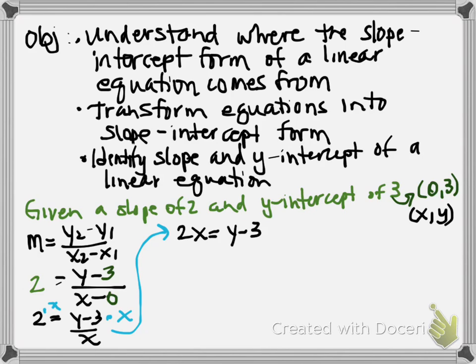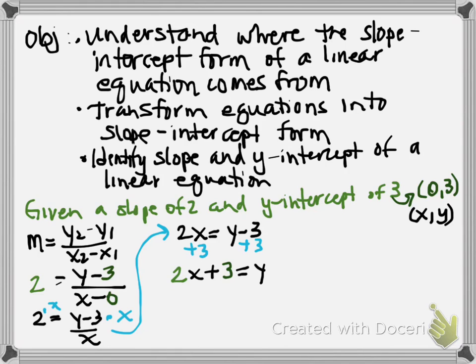And then to get y completely alone, we solve by adding 3 to both sides. And we end up with 2x plus 3 equals y.